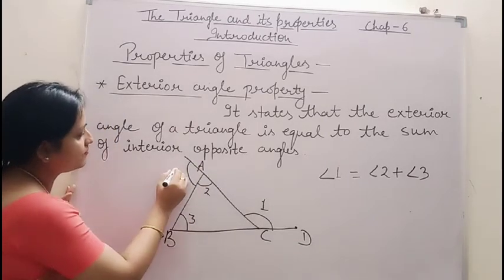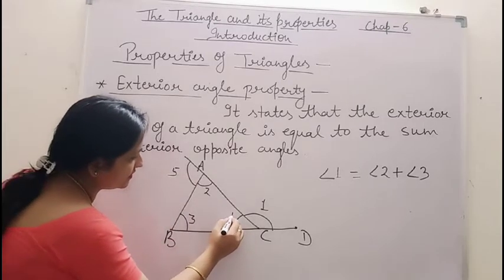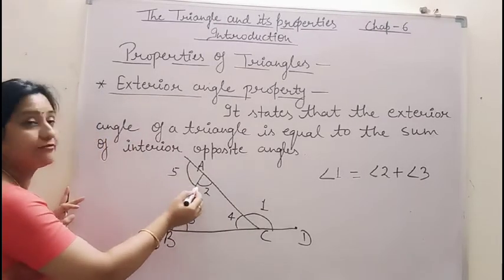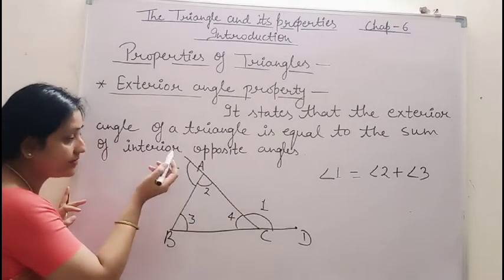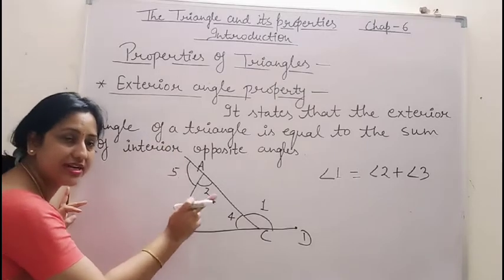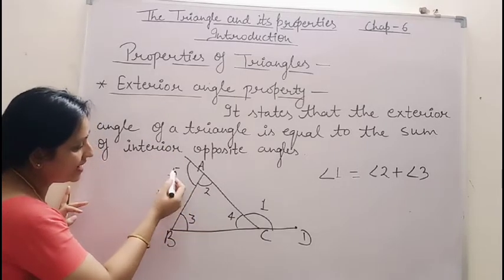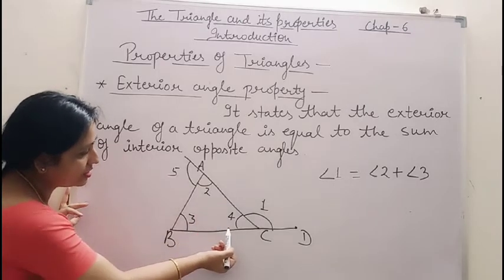Suppose we name it 5 and this one 4. Angle 5 is your exterior angle, and we know that the exterior angle is equal to the sum of the interior opposite angles. So for 5, the interior opposite angles are 3 and 4.